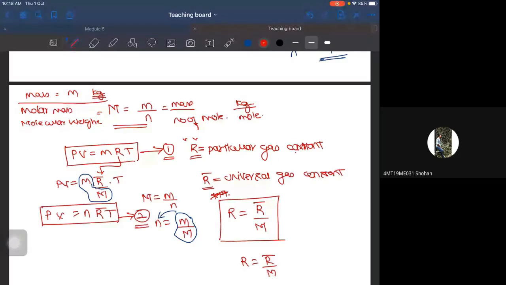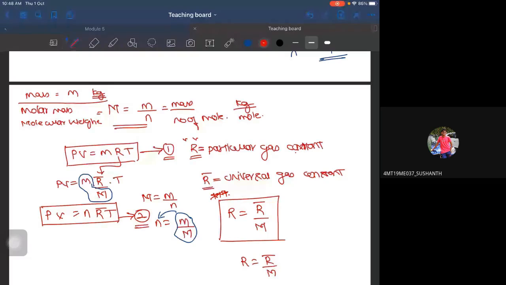Sushant, what is the relationship between the particular gas constant and the universal gas constant? R is equal to R dash by M, sir.